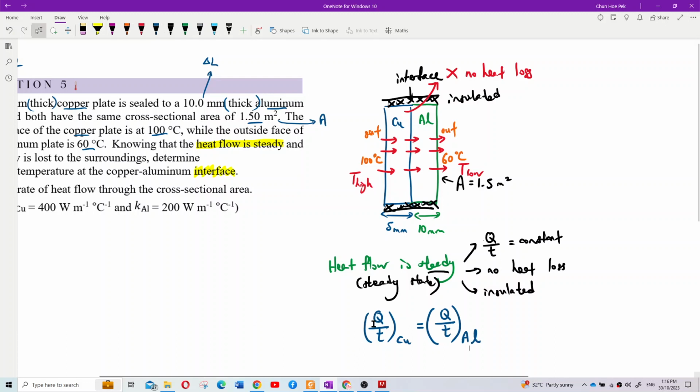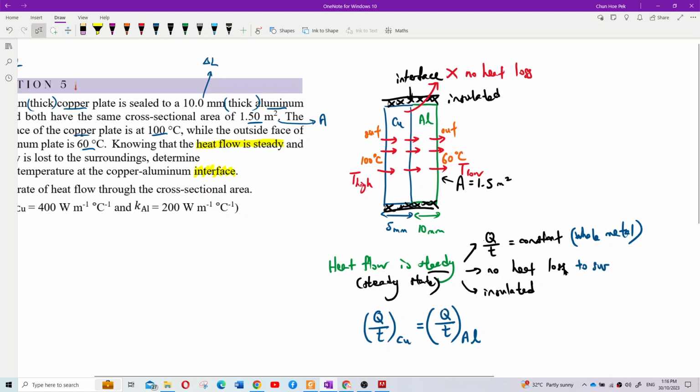Do you know why the heat flow is equal in copper and aluminium? Class? Because it's steady. Yes, because he said heat flow is steady. Steady state means the heat flow is constant through the whole metal, which means no heat loss to the surroundings.